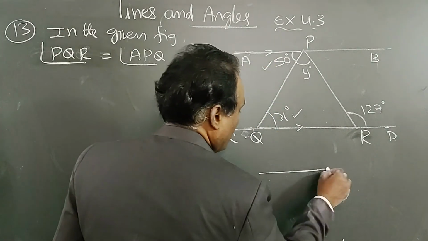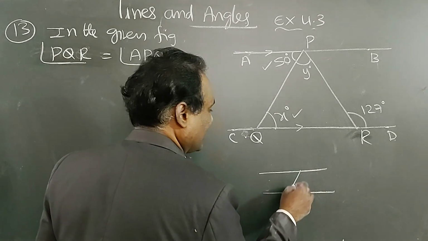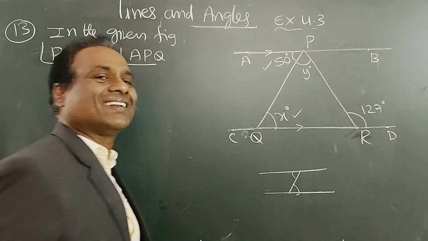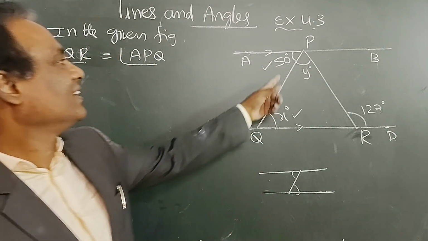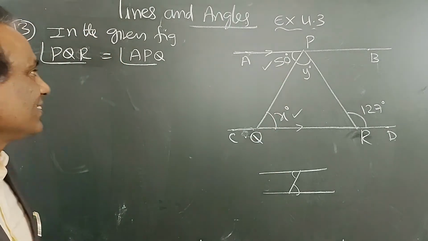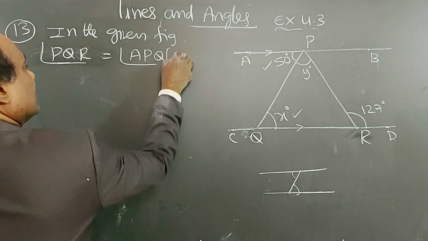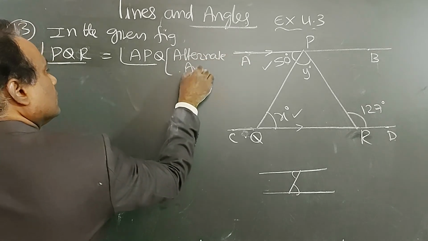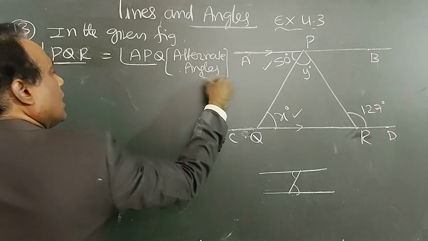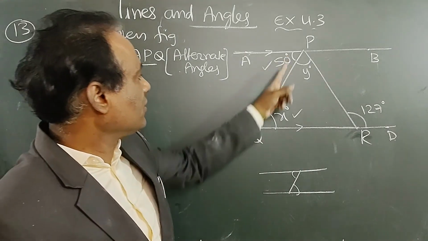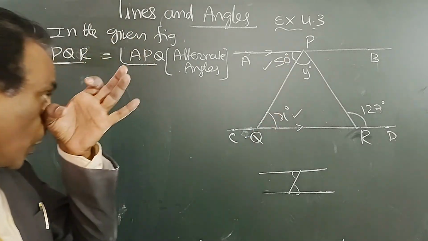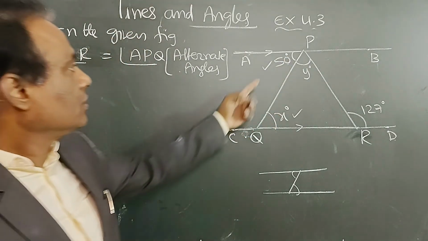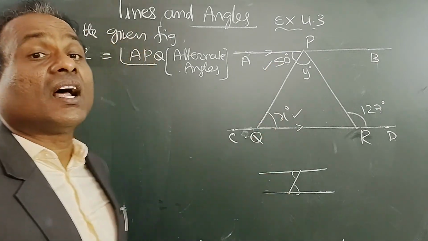See, if these two are parallel lines and this is a transversal, these two are alternate angles. This and this are alternate angles. This angle and this angle are alternate angles.